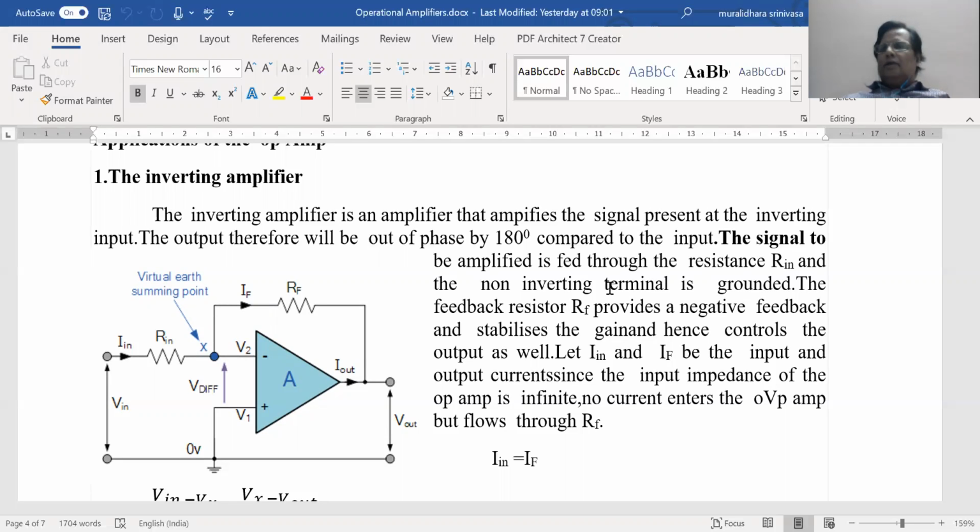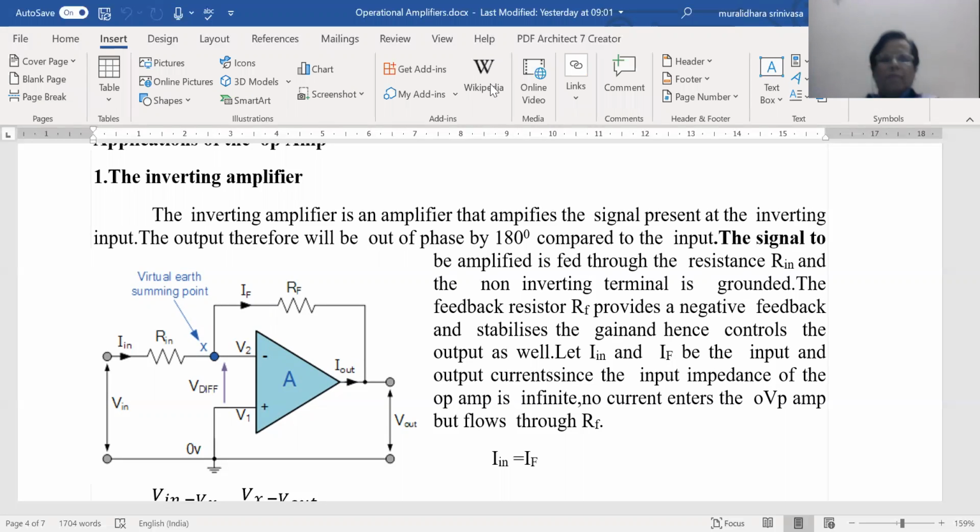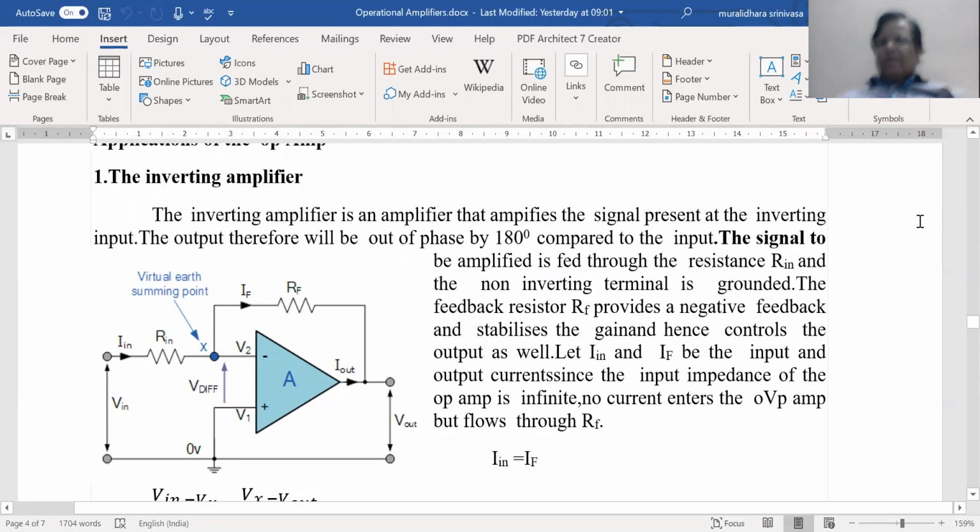Not only should the output be magnified, the output should also have all the variations that the input has, and in the same way. So that is called fidelity, a faithful reproduction of the input.